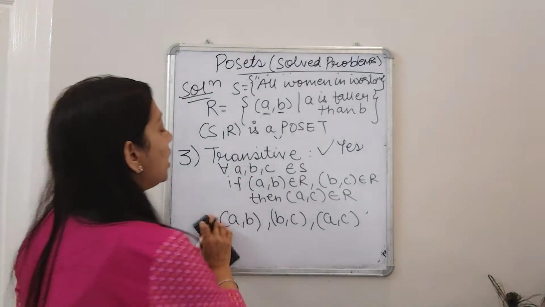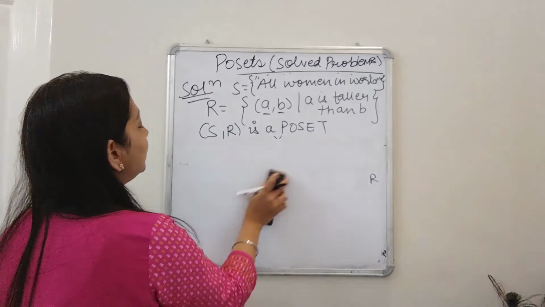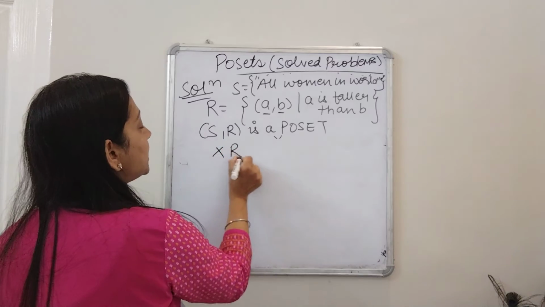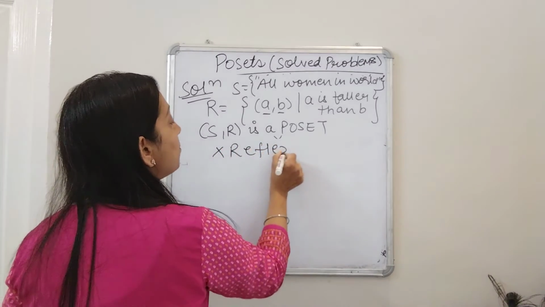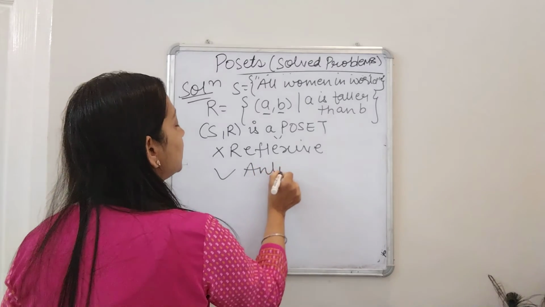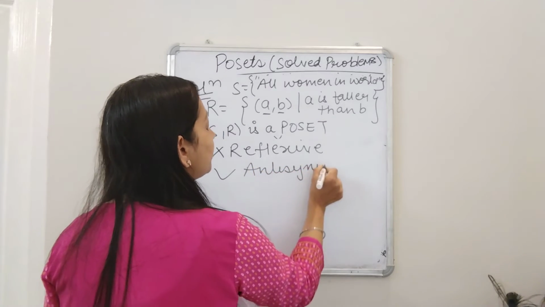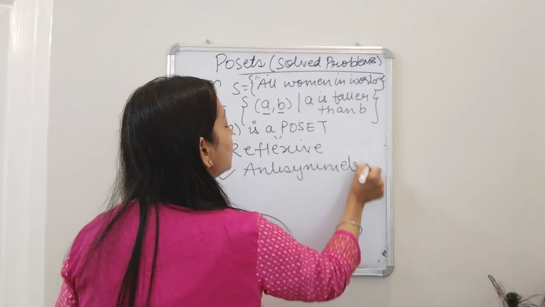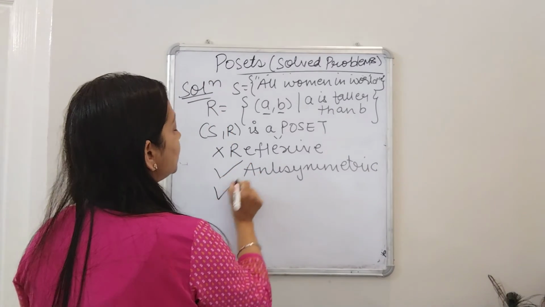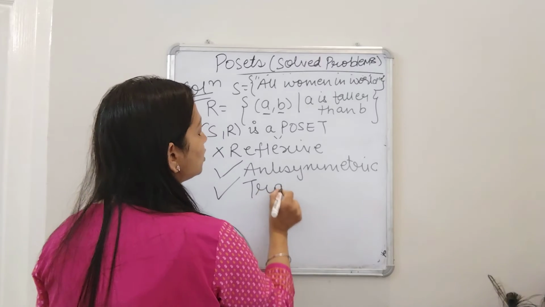Alright, so by now I have seen that this relationship is not reflexive, but it is antisymmetric and it is transitive also.